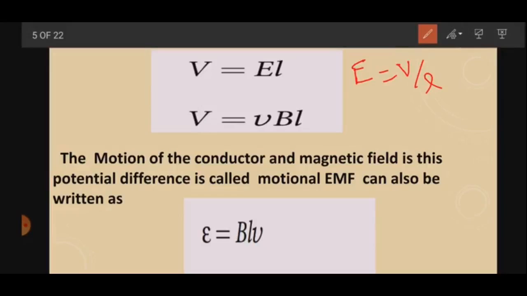Now substitute this equation here: V by L is equal to E.